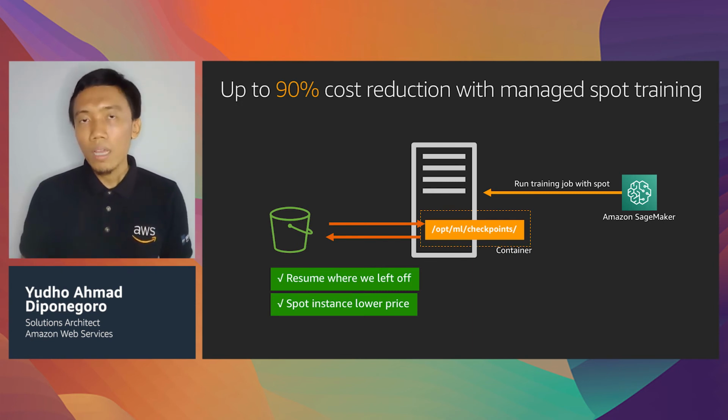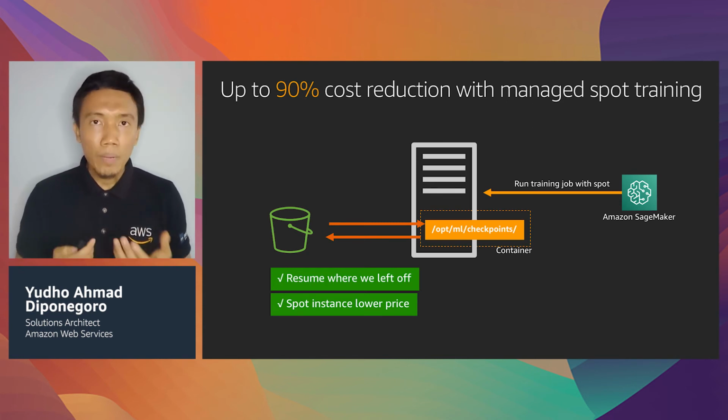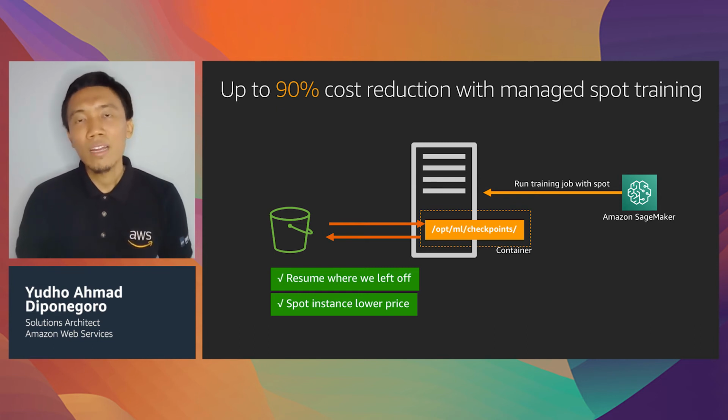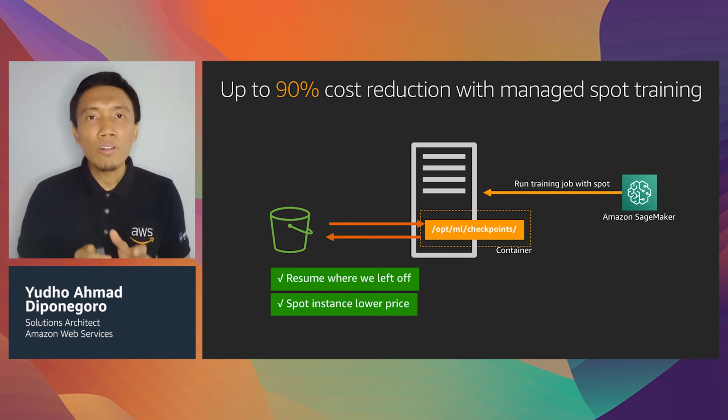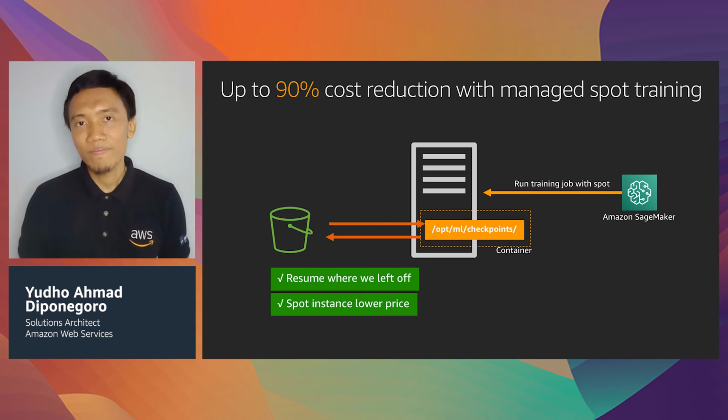With Spot instances, you can potentially save on compute cost by up to 90%. In my personal experience, I used to run training jobs on SageMaker with Spot instances in the North Virginia region, and my Spot instances were not interrupted for 12 hours.